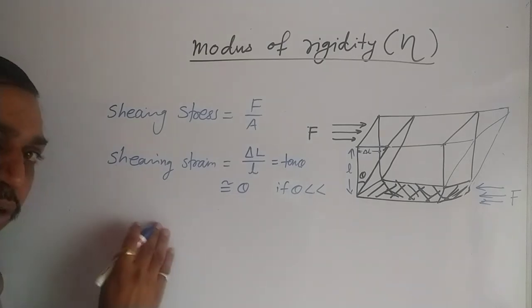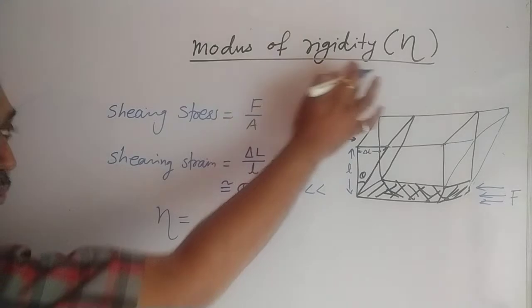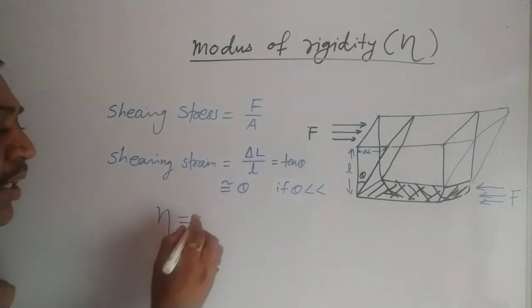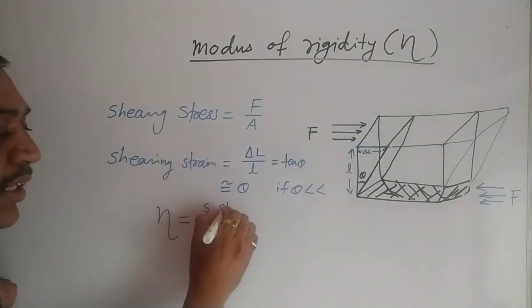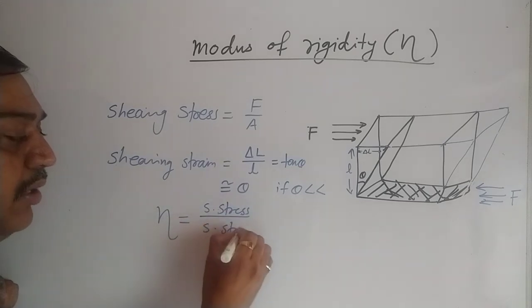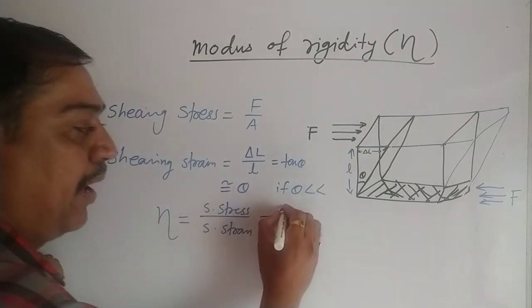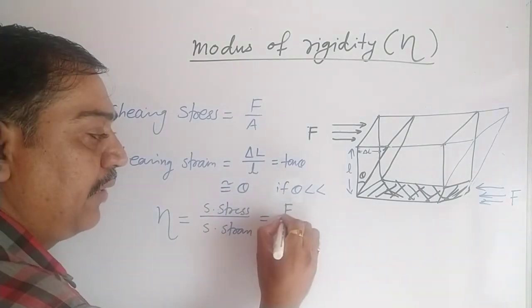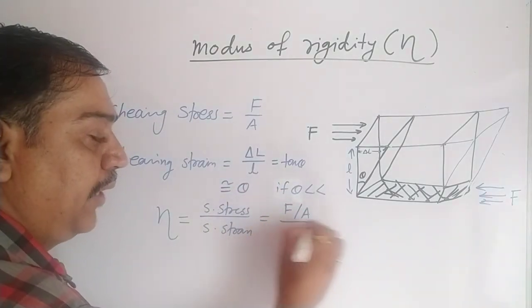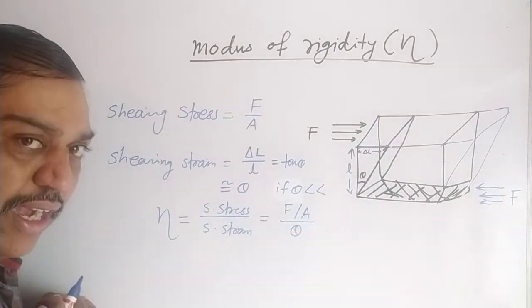Now just apply Hooke's law. What is eta equal to? Modulus of rigidity, eta, the change in shape, is equal to shearing stress divided by shearing strain. Shearing stress means F divided by A, divided by shearing strain, which is theta.